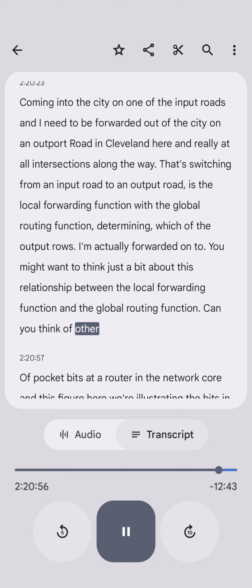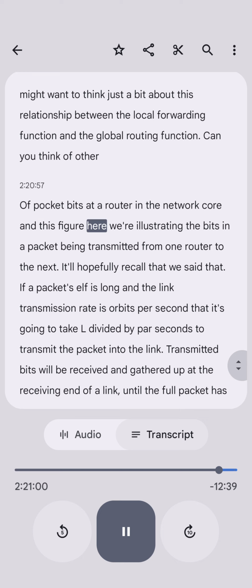Let's next focus on the transmission of packet bits at a router in the network core. In this figure here, we're illustrating the bits in a packet being transmitted from one router to the next. You'll hopefully recall that we said that if a packet's L bits long and the link transmission rate is R bits per second, that it's going to take L divided by R seconds to transmit the packet into the link.